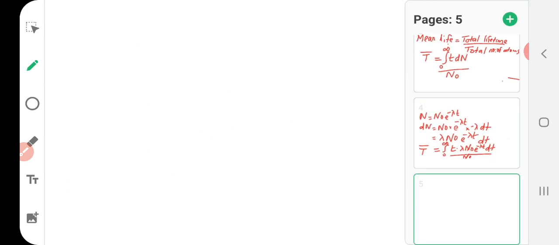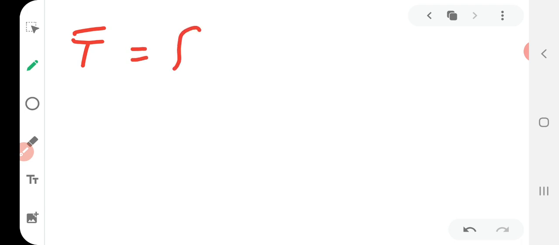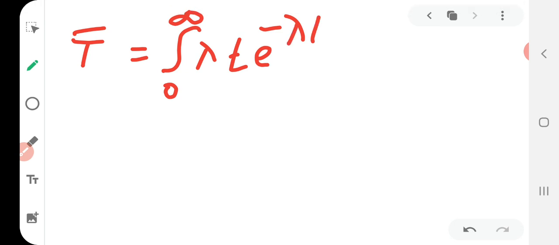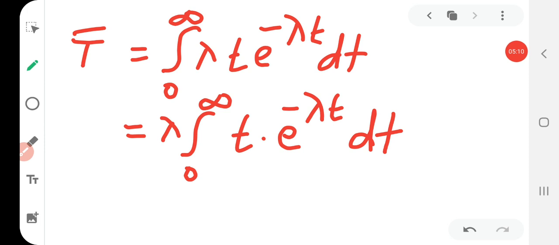So what we get? t bar is equal to the integral from 0 to infinity of lambda t e raised to minus lambda t dt. So we have to integrate this equation. Now we have to apply integration to this combination of functions, so here we have to apply integration by parts.